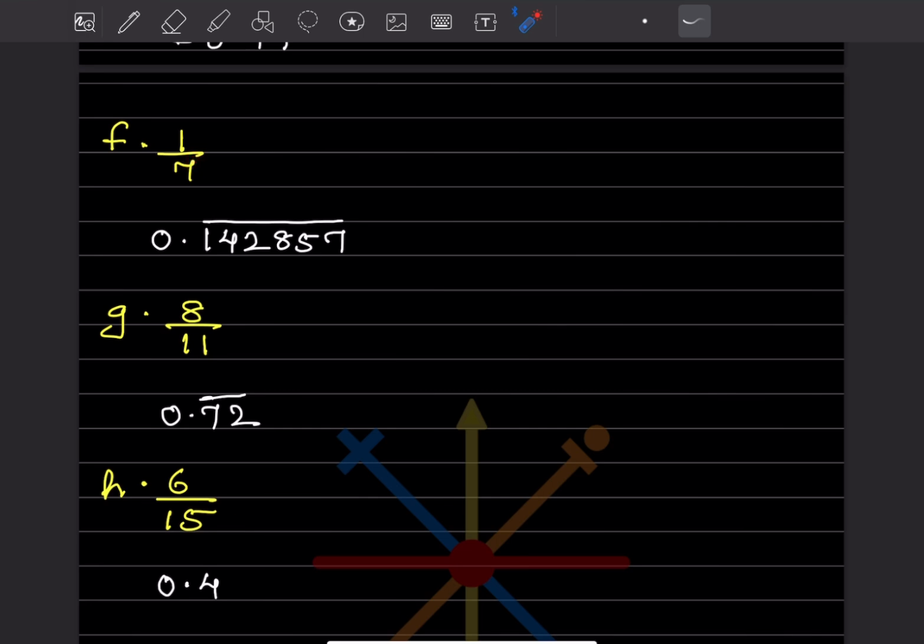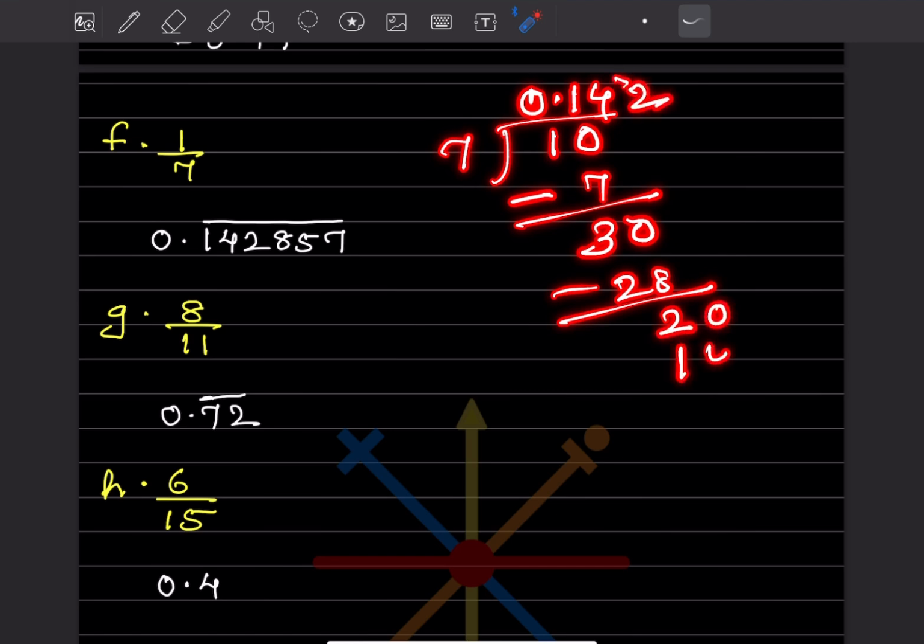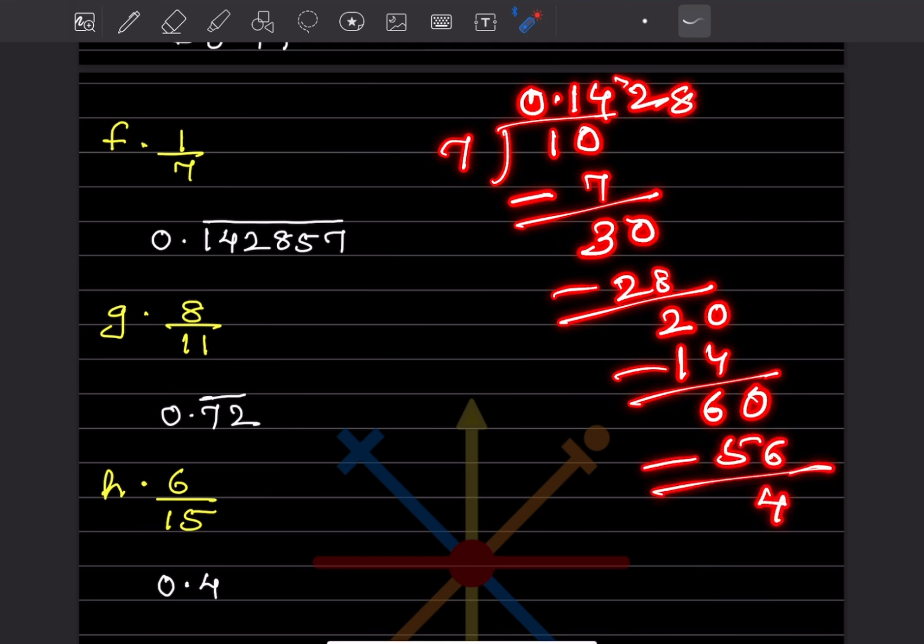Same now for 1 by 7, 1 divided by 7. Just concentrate here. 7, 0 point. 7 ones are 7, so this will be 3. 7 fours are 28, so here will be 2. 7 twos are 14, here will be 6. 7 eights are 56, again here is 4. 7 fives are 35.